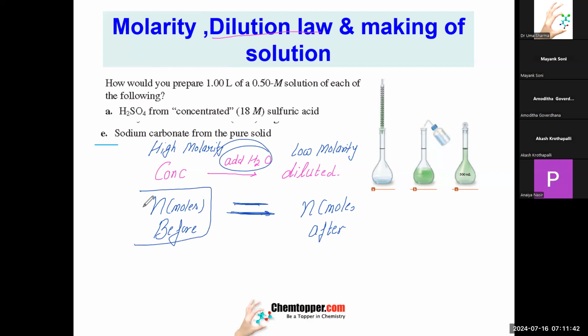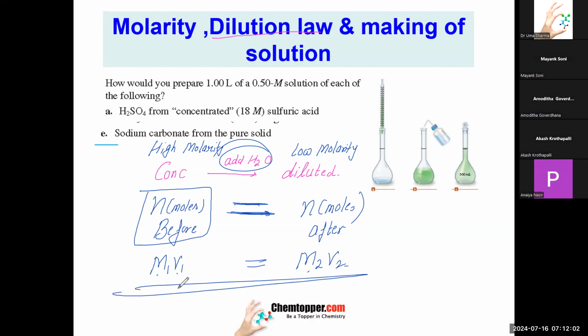Moles can be calculated by M1V1, the molarity and volume before dilution, and M2V2, the molarity and volume after dilution. Molarity will change, volume will change, but moles will not change. And this is the dilution law. Ananya, is it clear? Amodita, Ananya? So please remember this line. We can memorize the equations, but we should know the reason also.